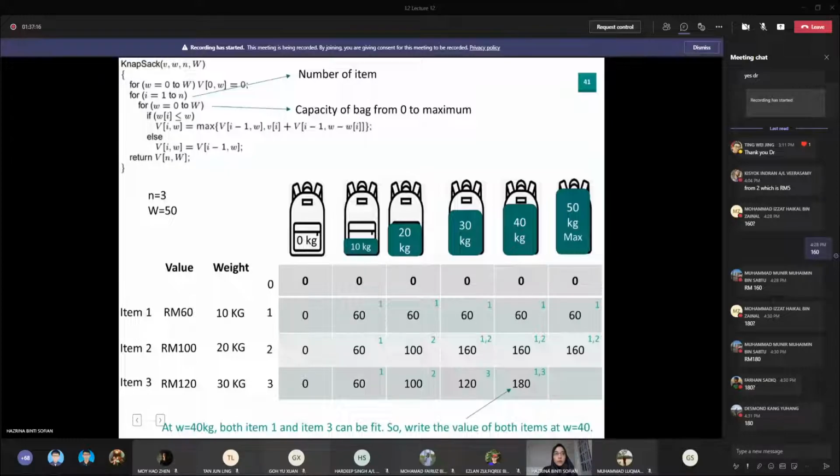Good. Most of you got the answer correctly. Because at capacity of 40 kg, we can get item 3 and item 1 into the bag. So it's 180. Okay, so at capacity 50 kg, what will be the value?